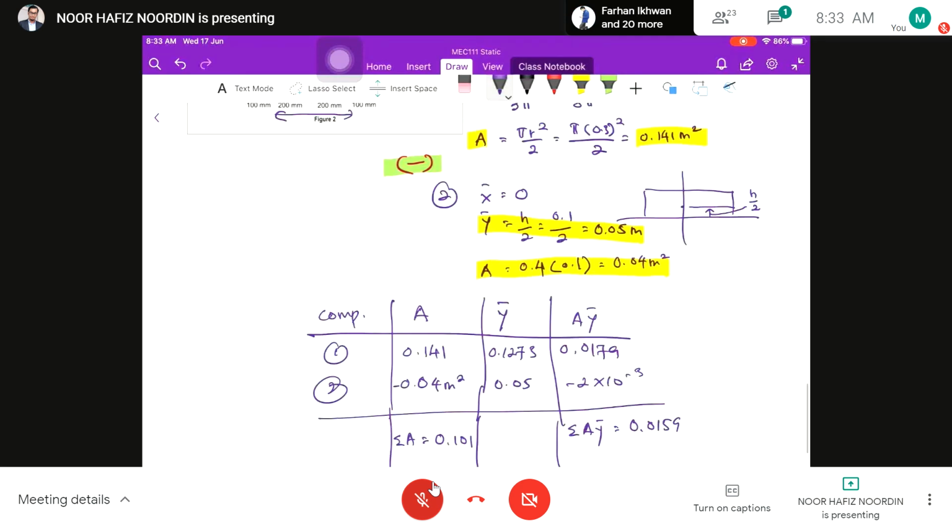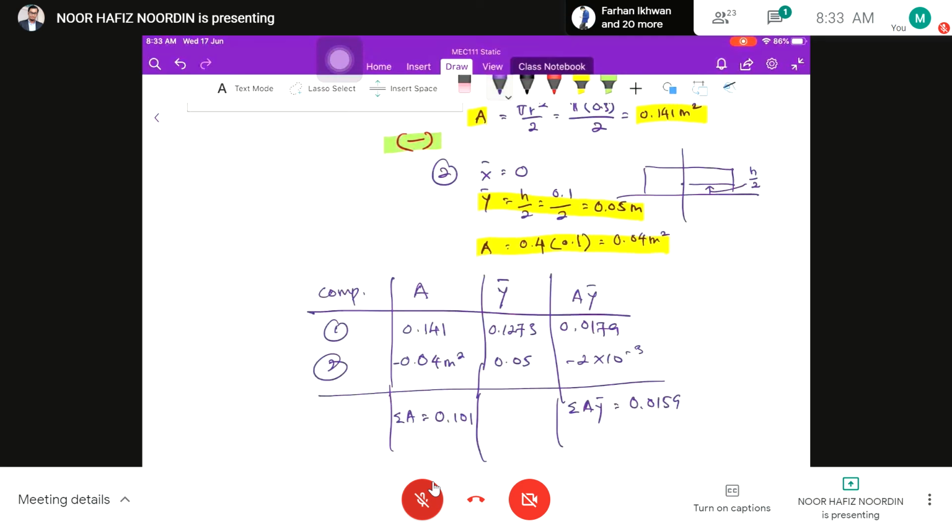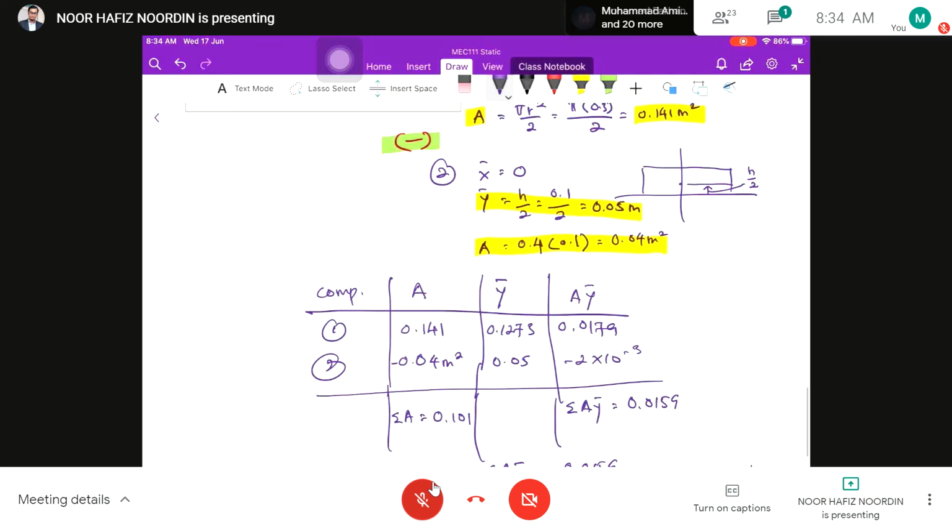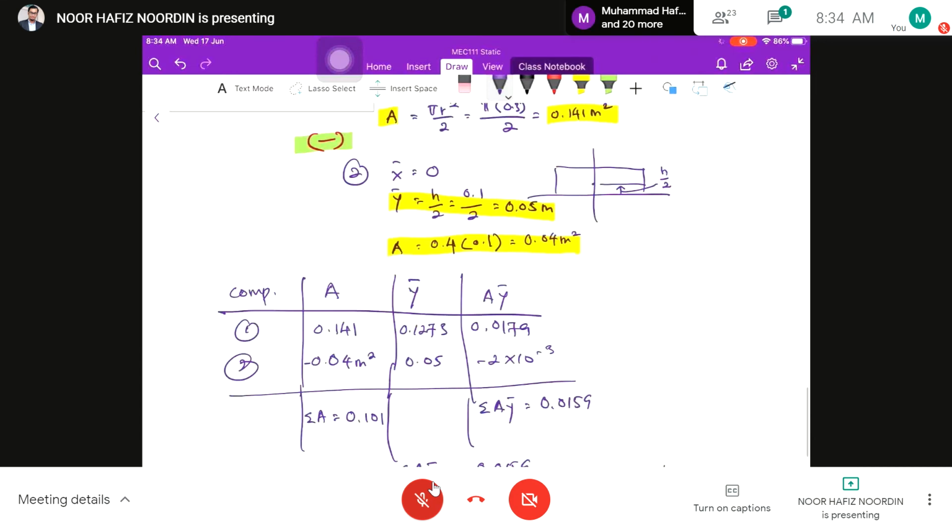Okay, so overall y bar. The formula is summation of A y bar divided by summation of A. So 0.0159 divided by 0.101. So it is 0.1574 meter or 157.4 mm. So this is the centroid kita.